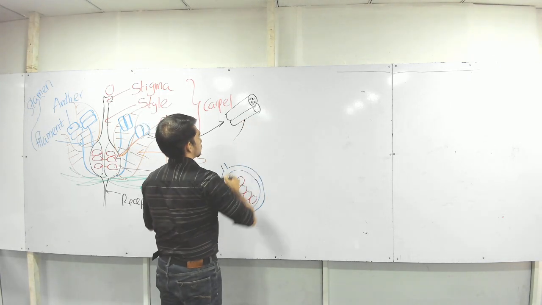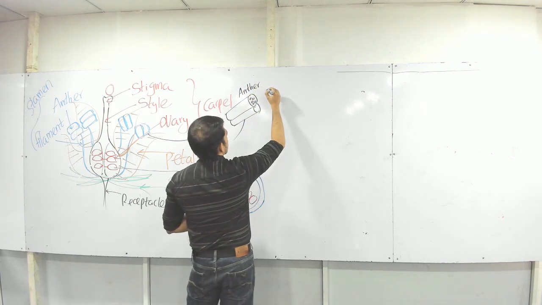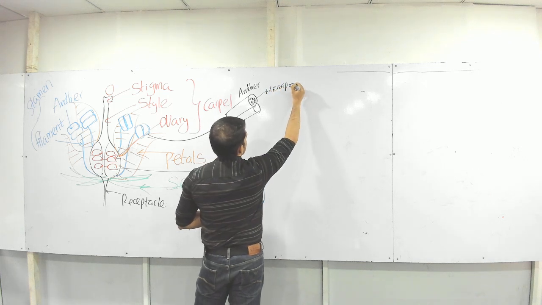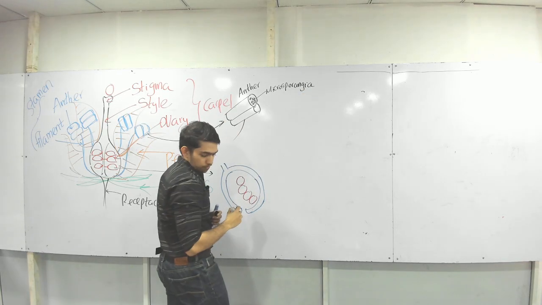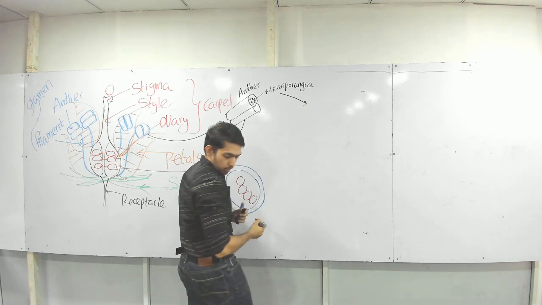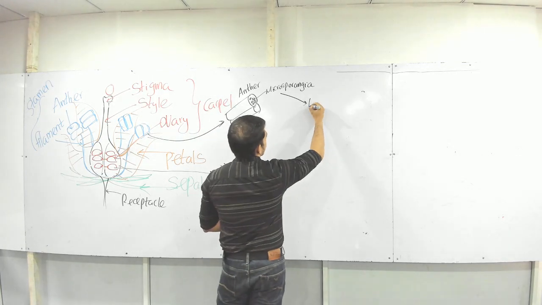So this is one of those anther. Inside you can see microsporangia. Microsporangia are going to do what? Produce? Yes, microspores.